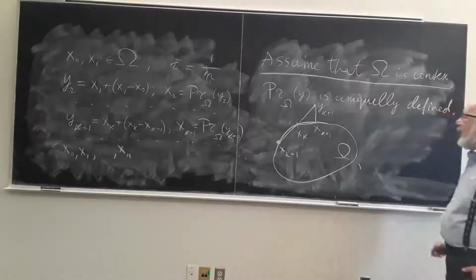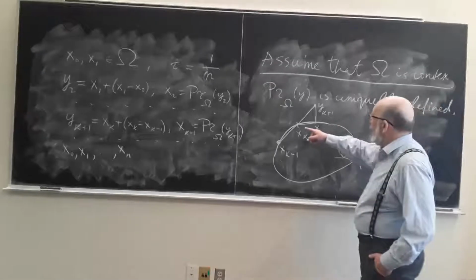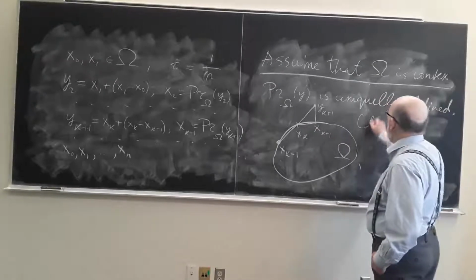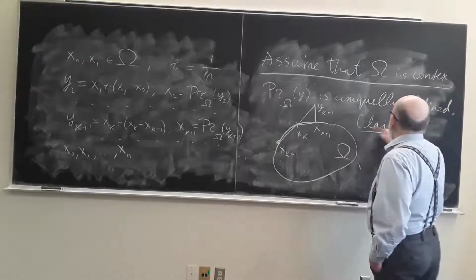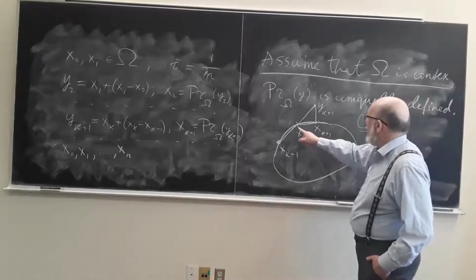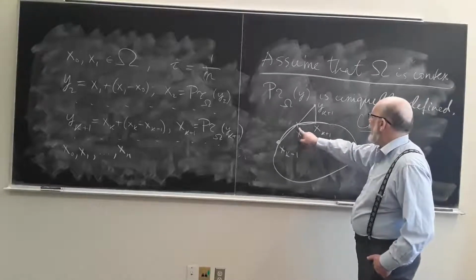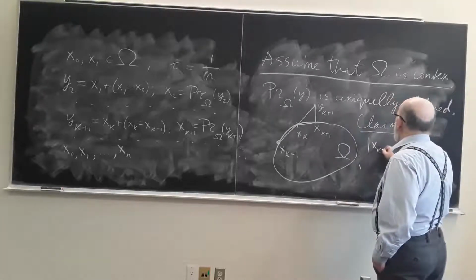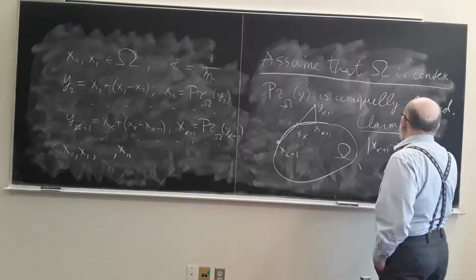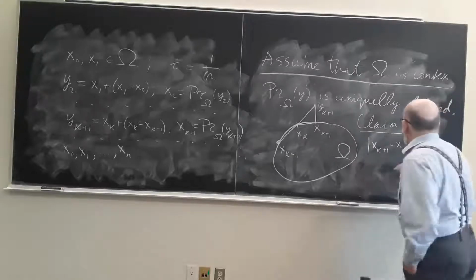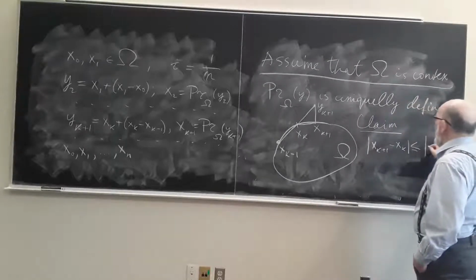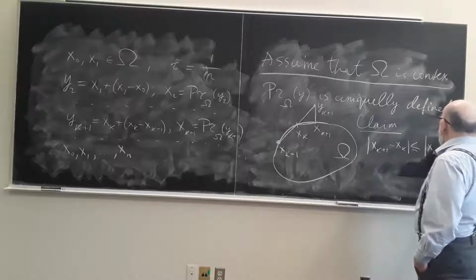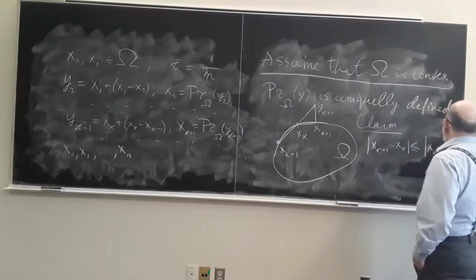Now, what I claim is that the length of the segment between xk and xk plus 1, xk plus 1 minus xk, is always less than or equal to xk minus xk minus 1.